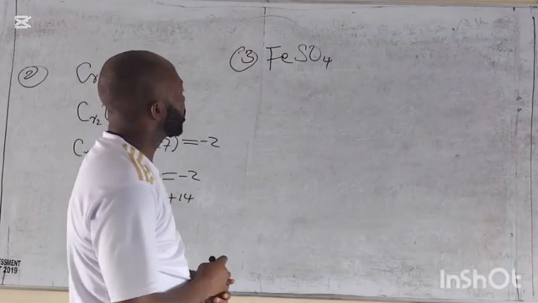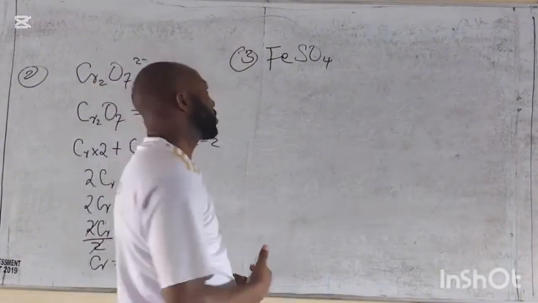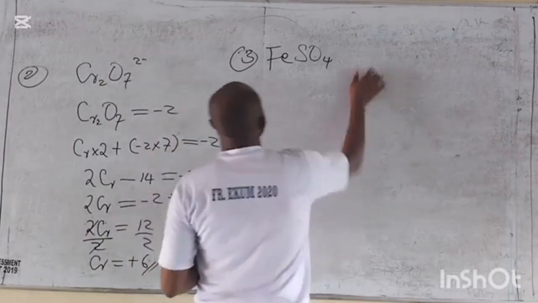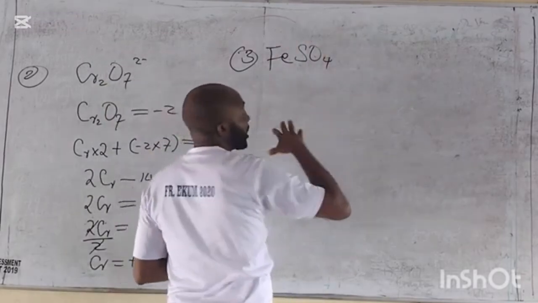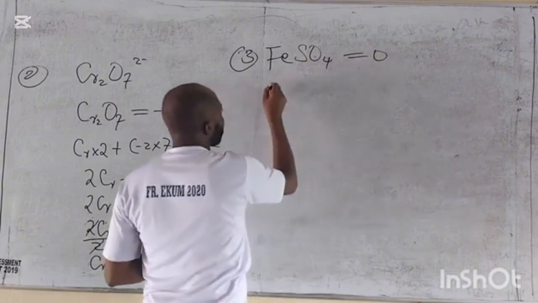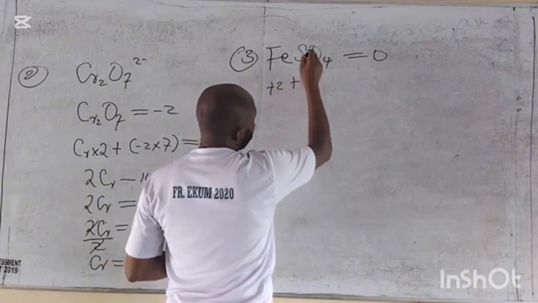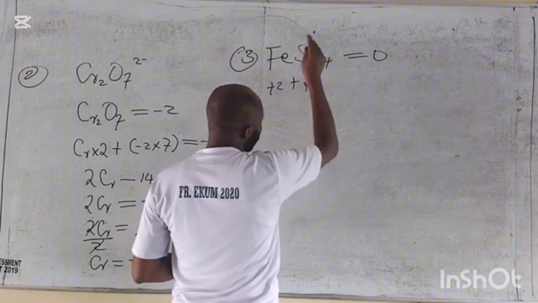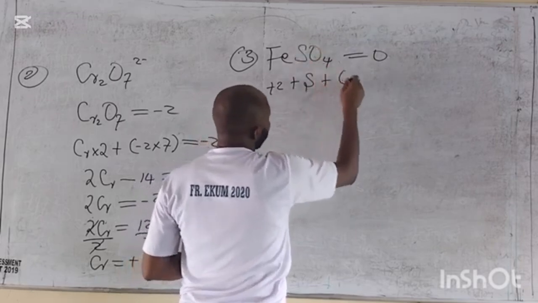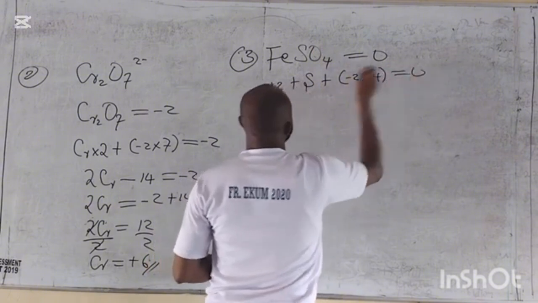So we want to calculate the oxidation number of sulfur in that compound. Let's presume it's plus 2, then we'll see what we get. The oxidation number of all the elements in the compound in their free state is equal to 0. So iron here, we take it to be plus 2, plus sulfur, which we are looking for, plus oxygen is minus 2 times 4, equals 0.